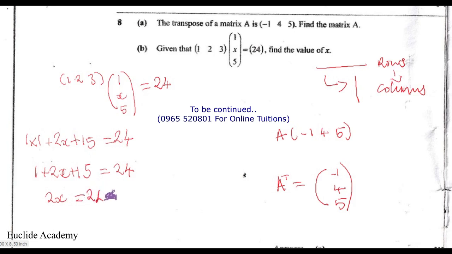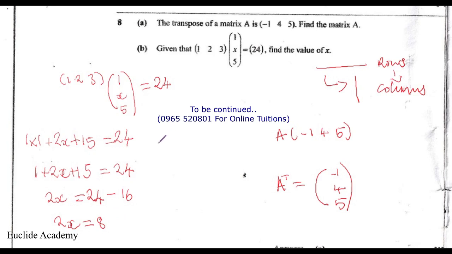Now 15 plus 1 is 16. So when 16 goes to the other side, it becomes minus 16. We subtract 16 from both sides, and we have 2x equals 24 minus 16, which gives us 8.